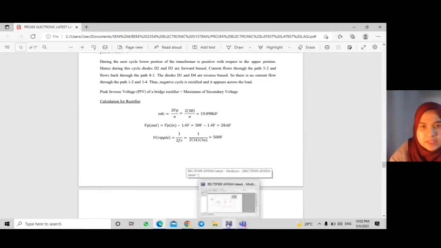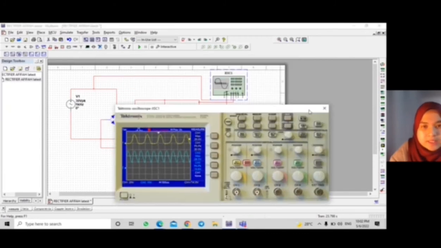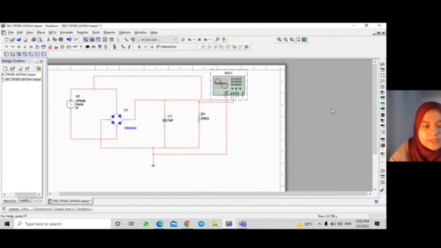Next, this is the full bridge rectifier circuit, which has a 200 ohm load, 30 Vpk source, 1 kilohertz frequency, and a capacitor of 1 microfarad. Okay, let's run the simulation.